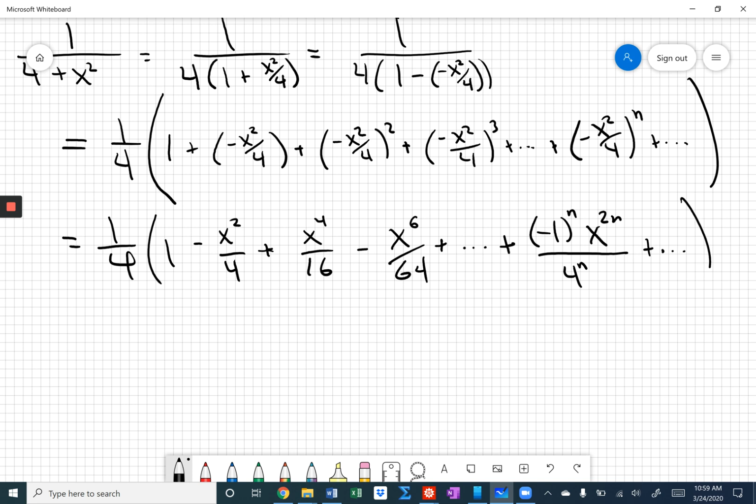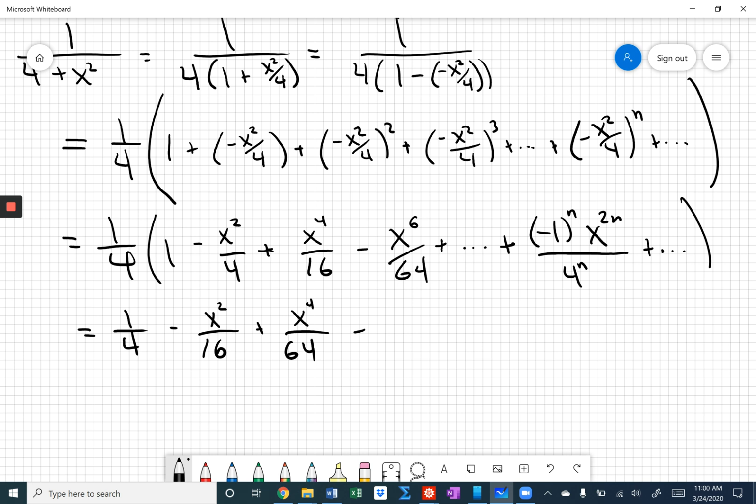And then I'm going to distribute the 1/4 here, so you get 1/4 minus x squared over 16 plus x to the 4th over, I said 16, I wrote 64, didn't I? Interesting. Okay.